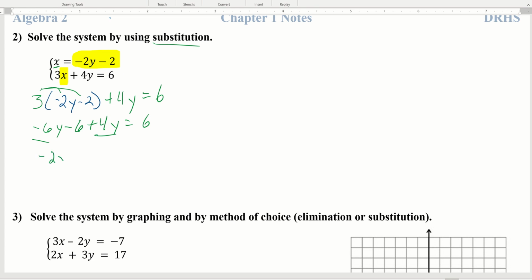So negative 2y minus 6 is equal to 6. Now I'm moving stuff from one side to the other, so now I use that idea of SADMEP, right? So I add 6, negative 2y is equal to 12. Divide by negative 2, and so y is equal to negative 6.